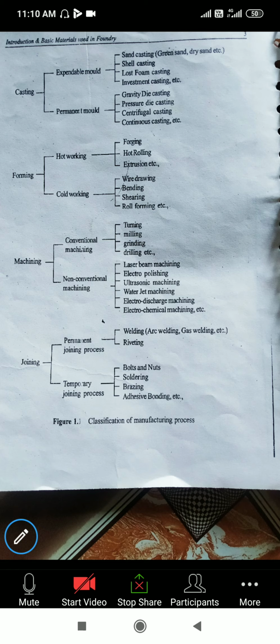Hot rolling uses two huge rollers or small rollers; you can say a number of rollers are used to convert a raw material into a finished product. Whatever the raw material or workpiece is, it is heated in a furnace.